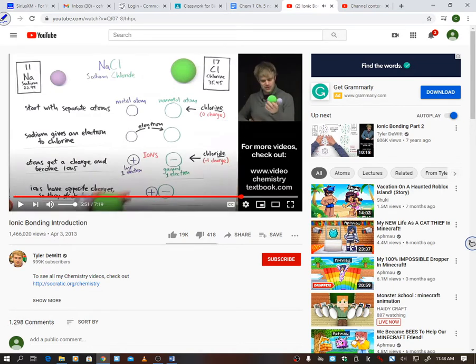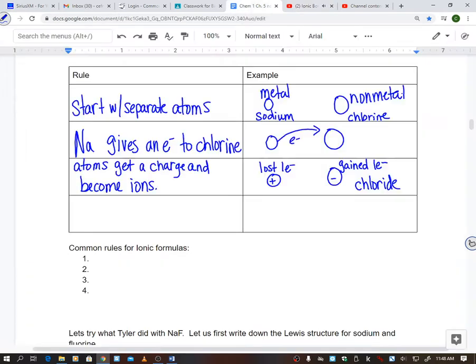All right, so that's the last step. So the last step: the ions now have opposite charges, so they stick together.